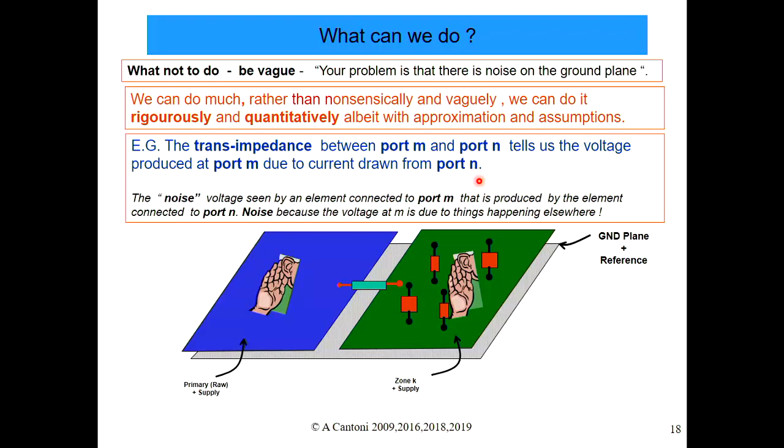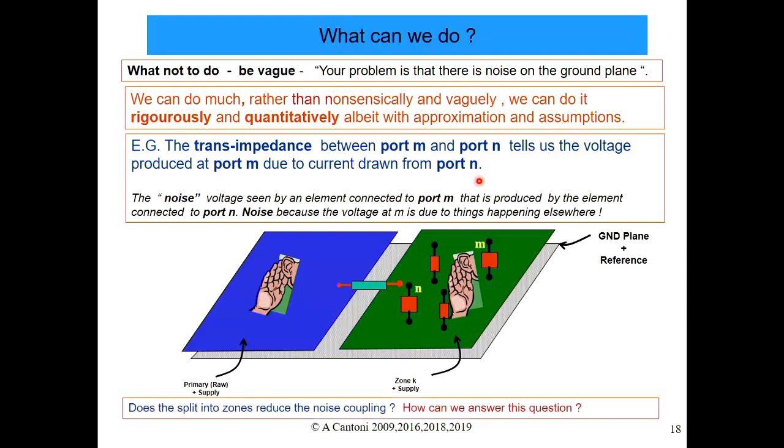Another reason why we need to make models is to understand what's happening in a quantitative way, and you'll have this problem when you do the project. What is transimpedance? You remember last year we looked at 2 ports and network functions, so you should look at the 3021 notes.